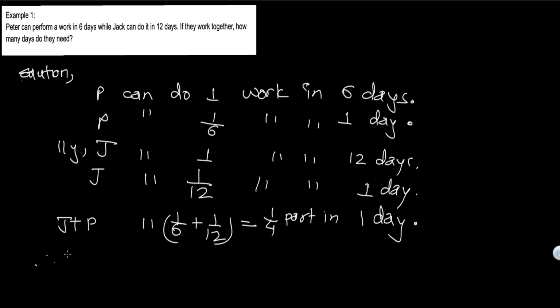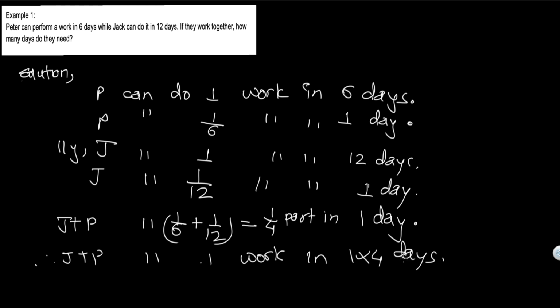Let's say J plus P can do one work in 1 times 4 days. Why 4 days? Because we want one complete work. It's 1/4. To get the whole work, we have to multiply the quarter by 4 to get one full work. We did the same thing here, because work and duration of work are directly proportional.